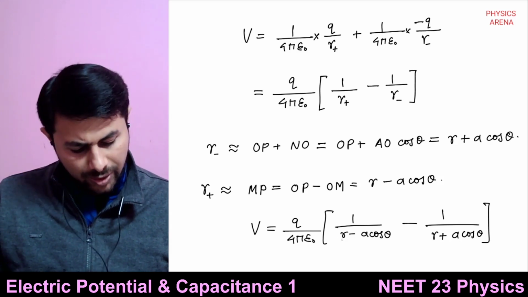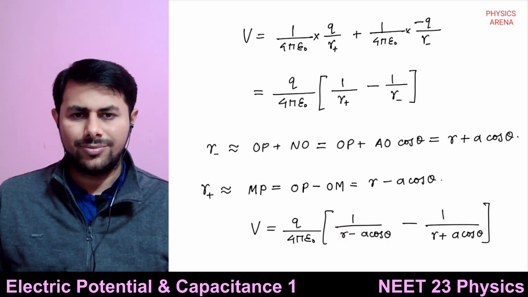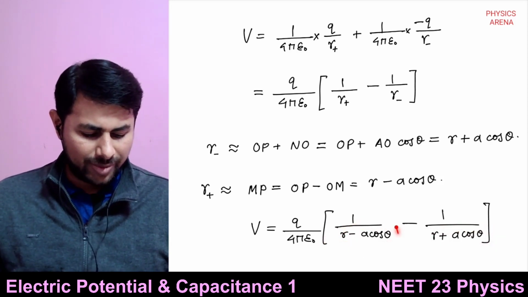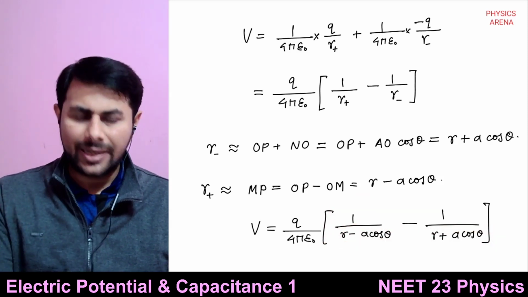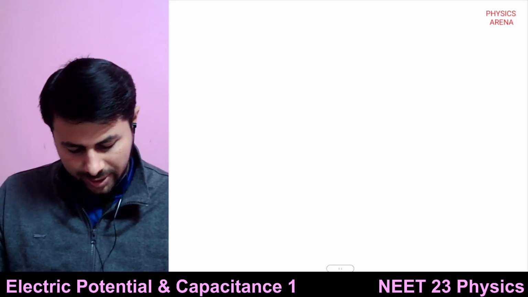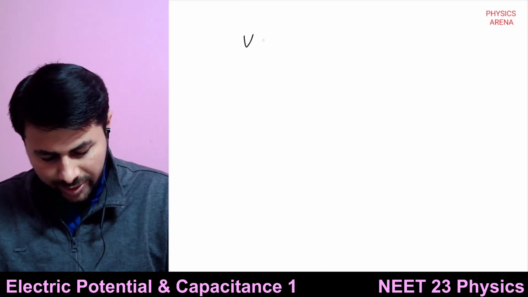Then we have to make the denominators the same, so we'll multiply this one with r plus a cos theta and this one with r minus a cos theta.